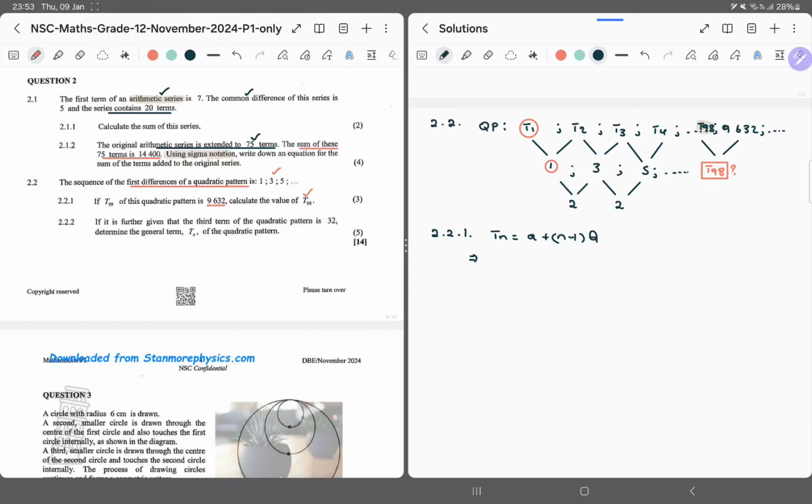This implies that T98 is going to be a, which is 1, plus, now n is 98 minus 1, times the common difference, which is 2. Therefore, T98 of the first differences, we just plug into the calculator: 1 plus 98 minus 1 times 2. It gives us 195.